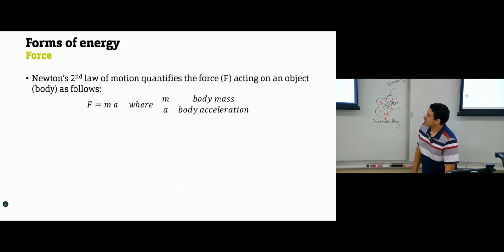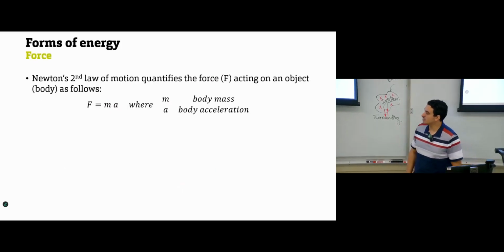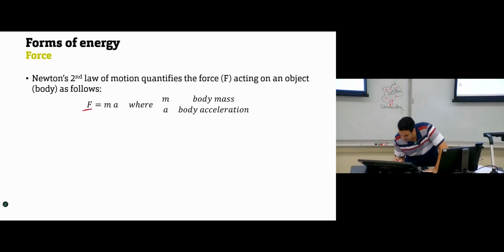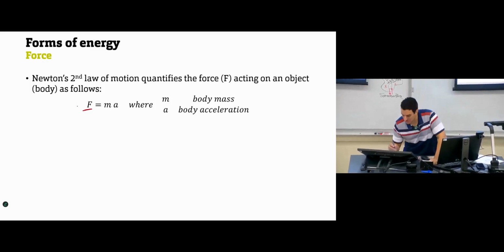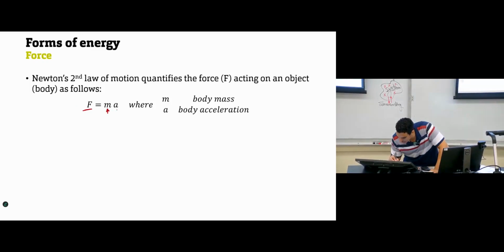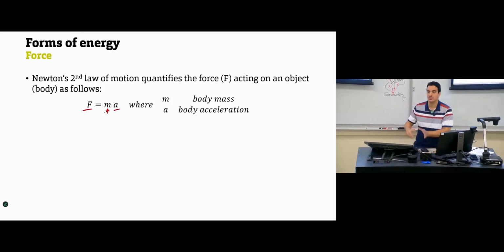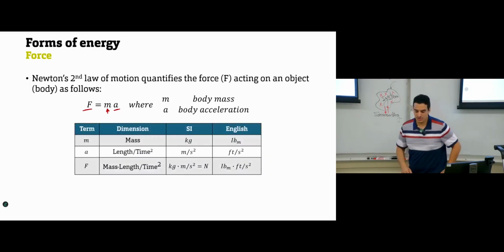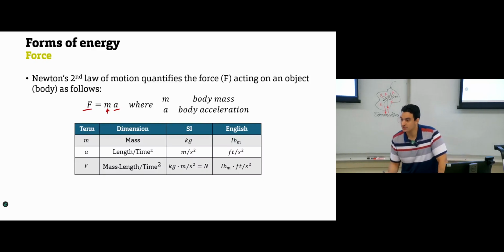If we start with force, the definition of force comes from Newton's second law of motion. It says the force affecting any body is the mass of the body times the acceleration of the movement that this body has. And in order to describe it in different systems, do you remember the system of units? We have the American system, we have the SI system. So we have M, this is mass.